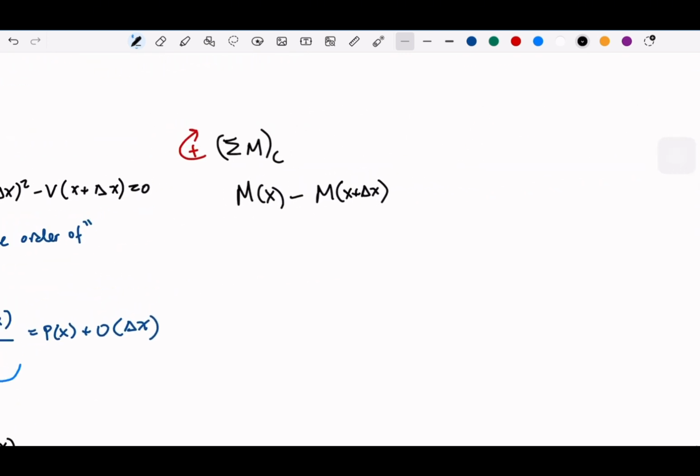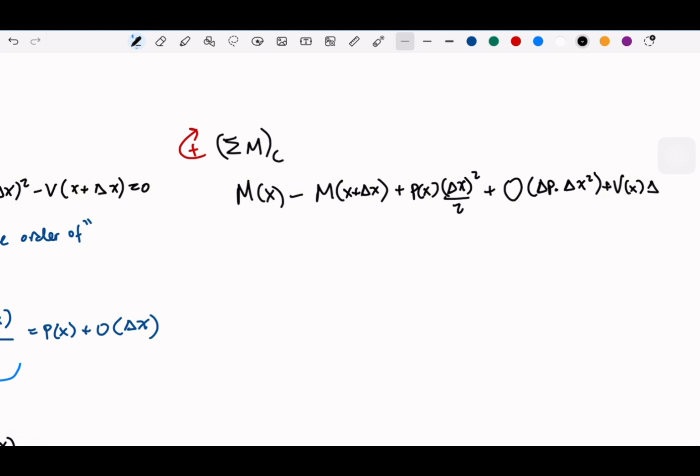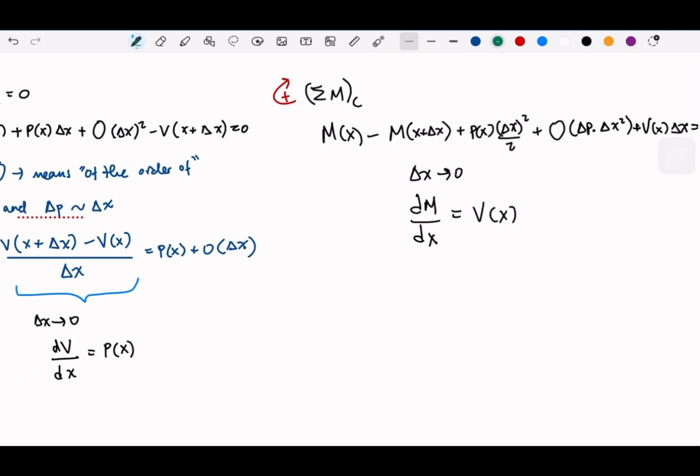So we write plus P of x delta x squared over 2, plus again this O. The O will be eliminated after we solve this, and taking delta x going to 0, dM/dx will be V of x. And this is certainly what we are expecting.